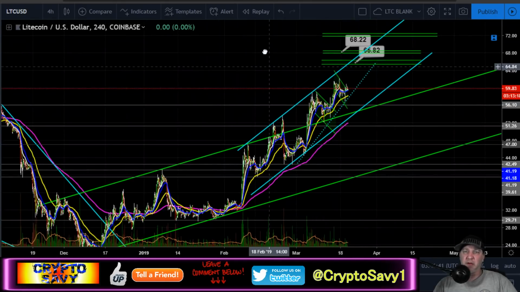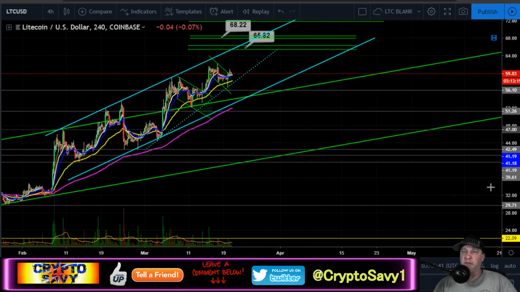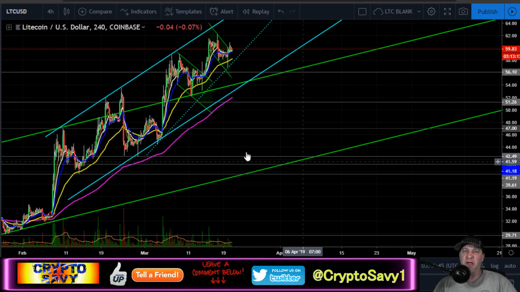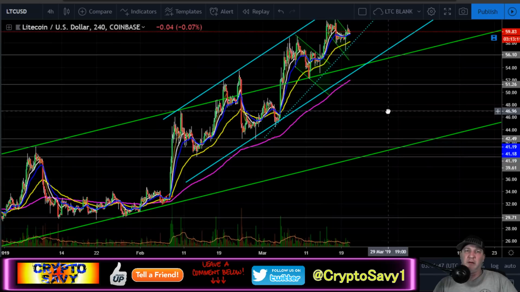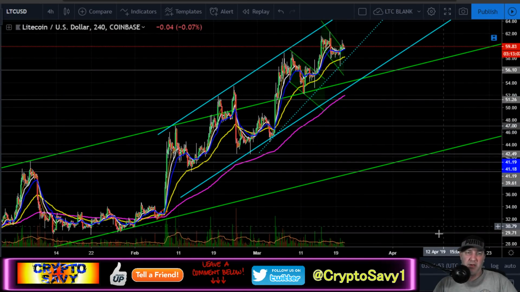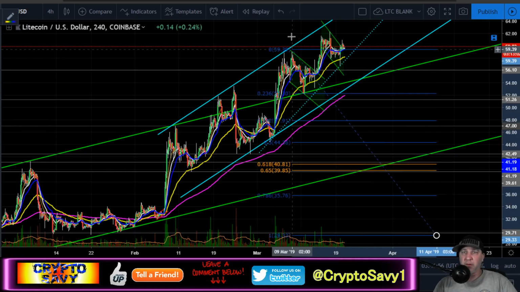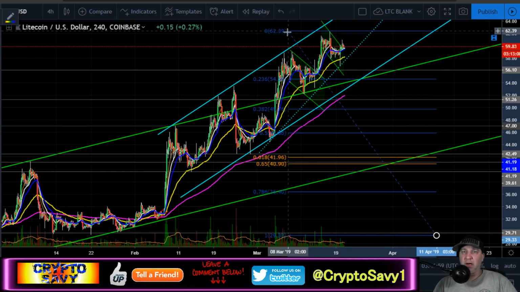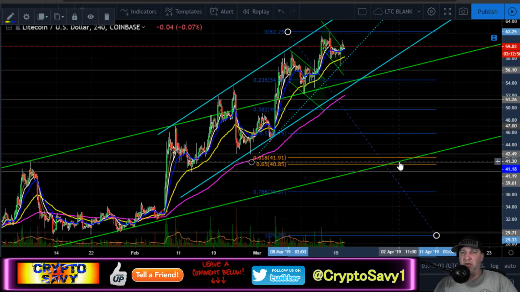But let's look at where we would go if we were to correct from where we're at now, and this is wave 3. If we were to correct from where we're at right now, we would measure the bottom of the wave 2 up to where we're at now. As you can see, the golden ratio range would be around the 4130 range.